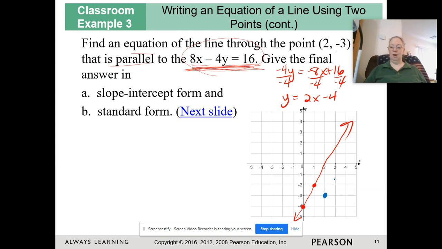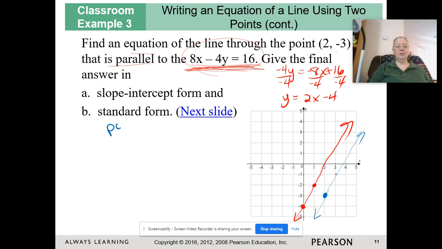Because our line, the one we're looking for, is parallel to this one, and it is going to help us find our slope. The blue line, that's what we're looking for. We already have red, we don't want it. We want blue, okay?